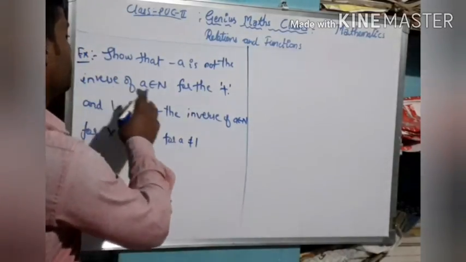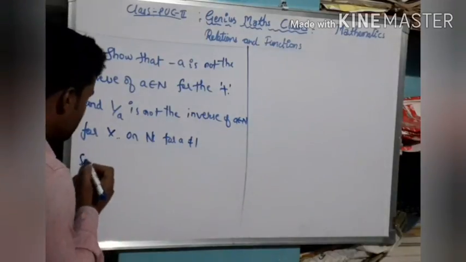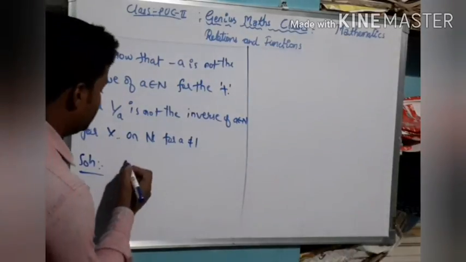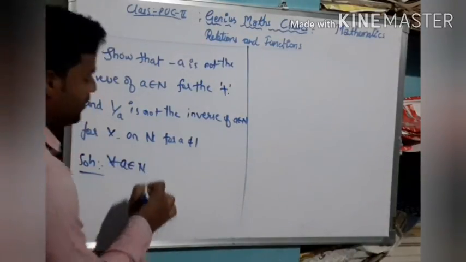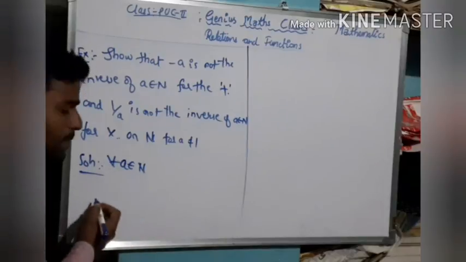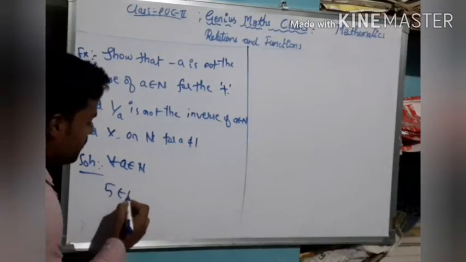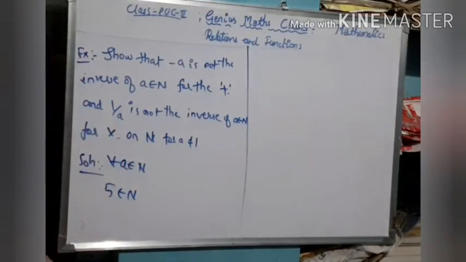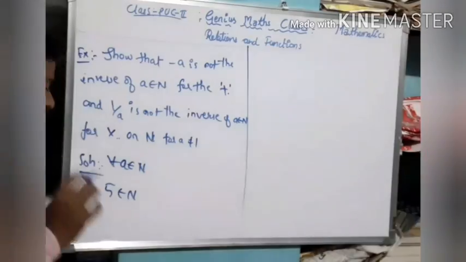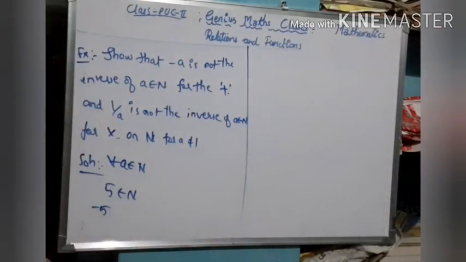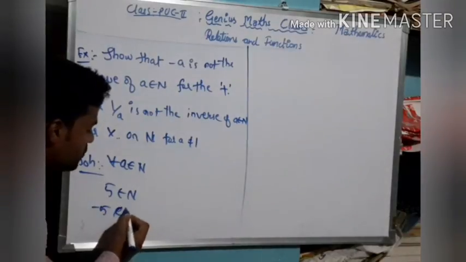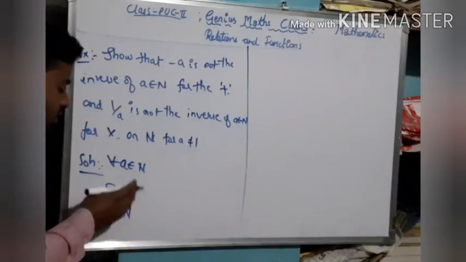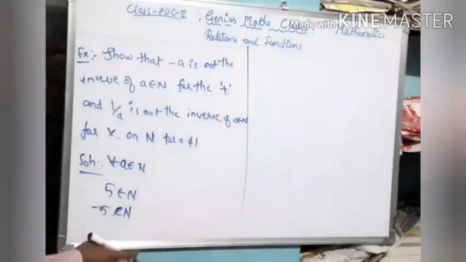Solution: for any a belonging to N, consider a simple number, say 5 belonging to N. Minus a is not the inverse of this a. Minus 5 does not belong to the natural numbers, therefore it is not the inverse of 5 in the natural numbers.